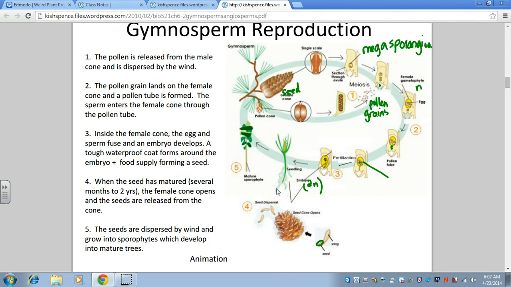Okay, it will land somewhere, and when the conditions are right, it will germinate to form a seedling, which will grow into a mature sporophyte, or tree, which will bear male and female cones. And the cycle can happen again. So the seed, when it's matured, usually takes several months to 2 years. So they don't just happen all the time.